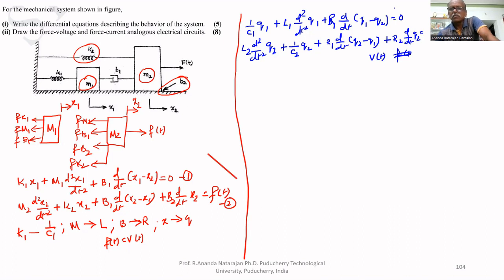This is the third equation, this is the fourth equation.